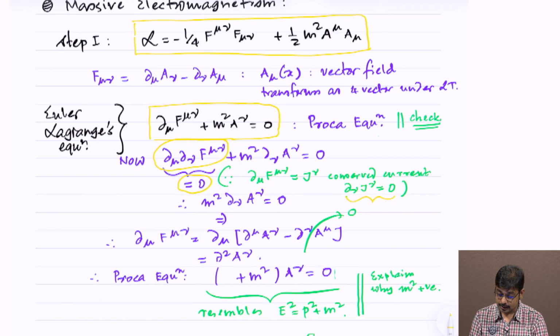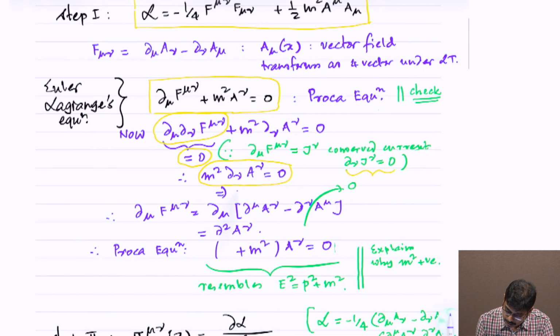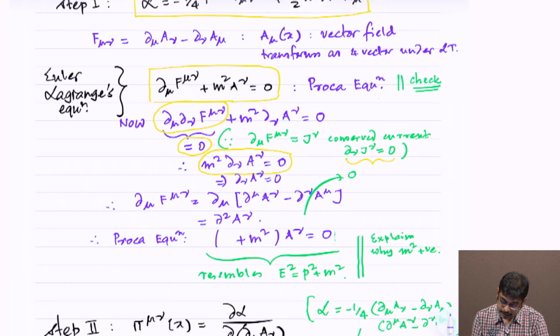So, what does this leave then? This leaves m square del nu A nu equal to 0. Now, if you have m square del nu A nu equal to 0, you basically say, okay, del nu A nu must be equal to 0. Okay. So, now let us get back to this term del mu F mu nu.